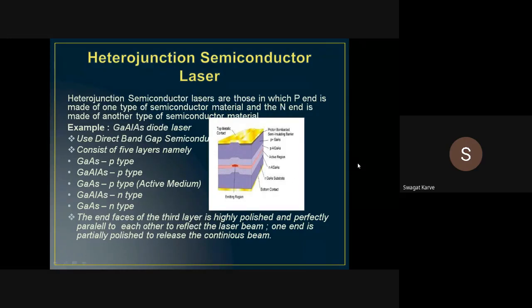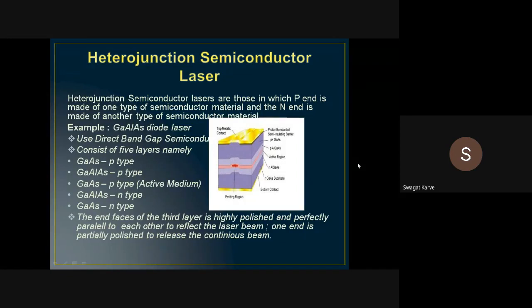In case of homojunctions, how many sandwiched regions or junctions do we have? Only one. But here, in case of the heterojunction, two different junctions can be formed because of its structural arrangement, right?